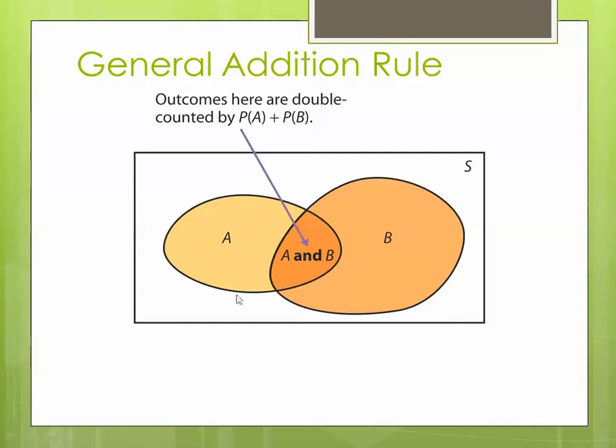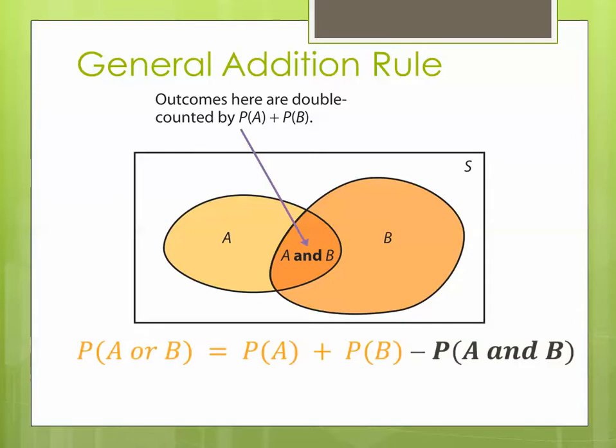When we count A, we count that area. And when we count B, we count that area. Which means we count that area twice. And we're going to have to remove that double counting to be accurate. So the probability of A or B for non-disjoint events is the probability of A plus the probability of B minus the probability of A and B.